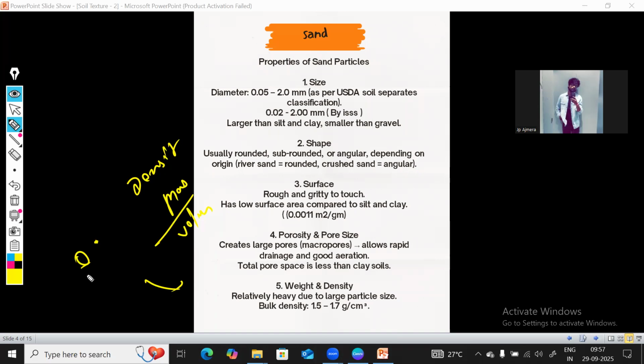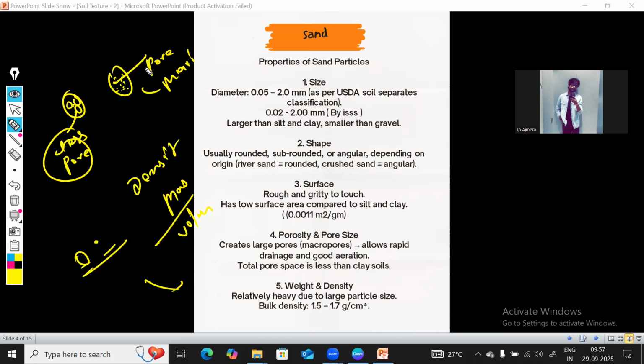For the same mass, how much volume can it occupy? Say there were particles of sand, and there were also particles of clay. The pore space was maximum in clay, and there was less pore space in sand. So solid particles are more and the blank space is less here, while the pore space is more there.